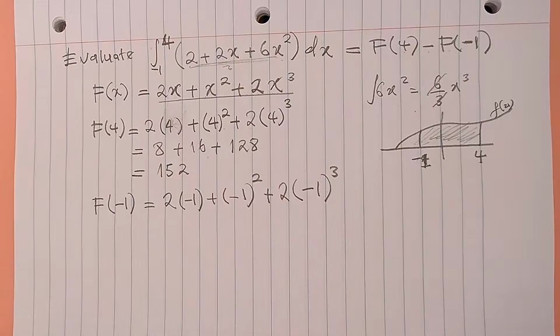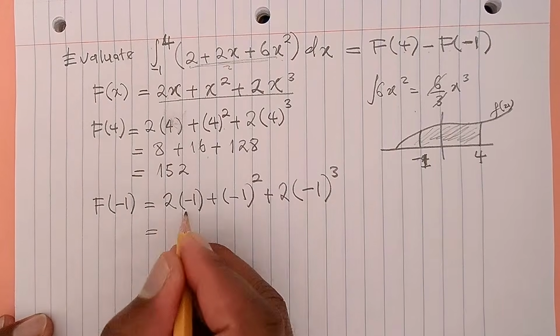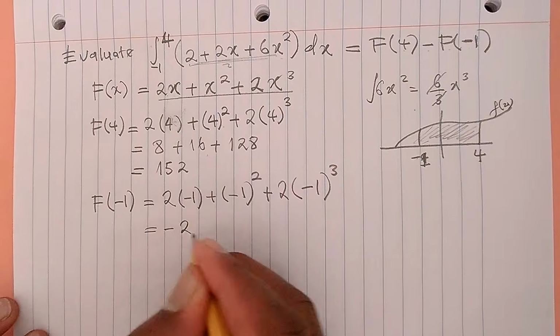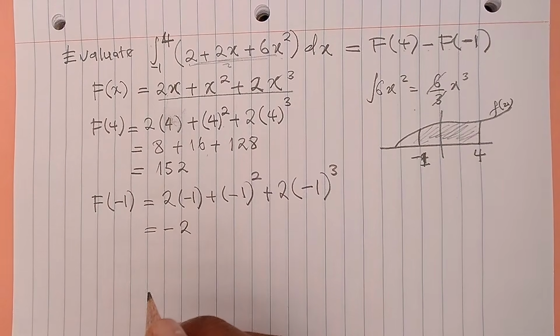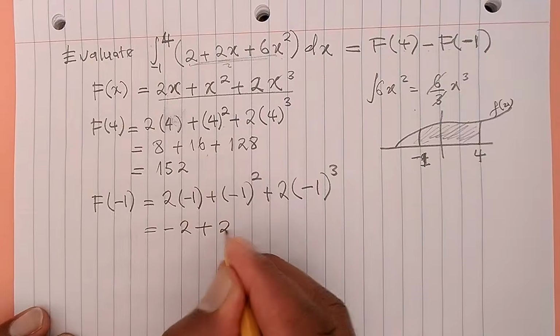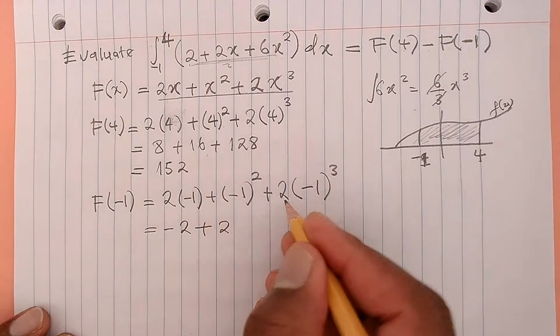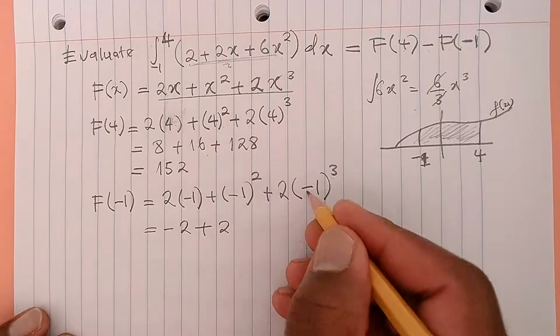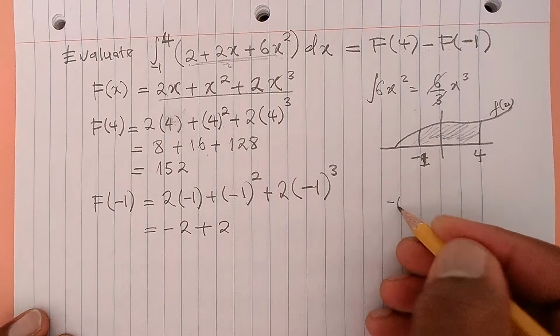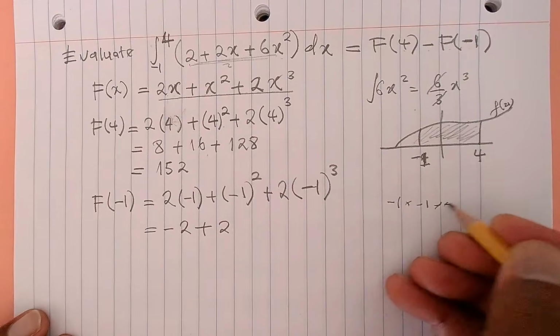Okay, so what is 2 multiplied by negative 1? Can you guys send your solution in the chat? 2 multiplied by negative 1 is negative 2, right? What about negative 1 squared? Negative 1 squared is just 1, right? Then what about 2 multiplied by negative 1 to the power 3? Remember, this is negative 1 multiplied by negative 1 multiplied by negative 1.